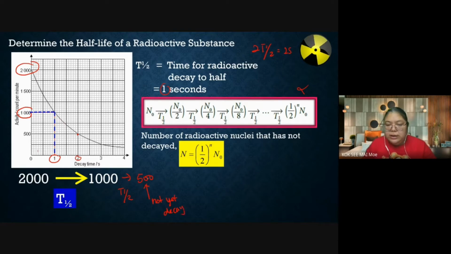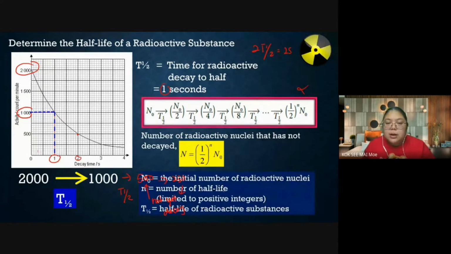But if they do 1500, after they go 250, this one is still not yet decayed. After you go minus, before minus the last one, that means that one is already decayed. So from here, they explain for you what's the meaning for this formula.